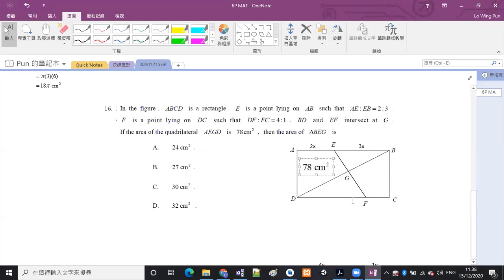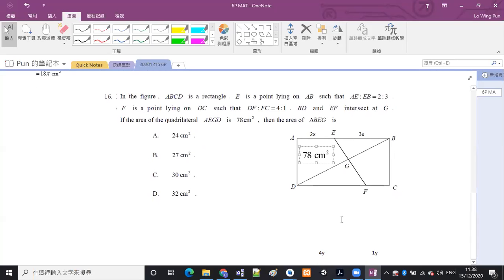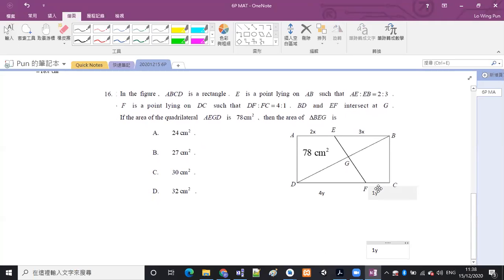And the question asks us to find the area of triangle BEG. So that is this one.